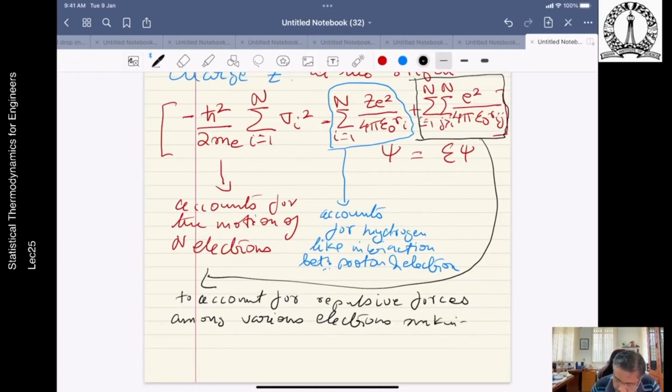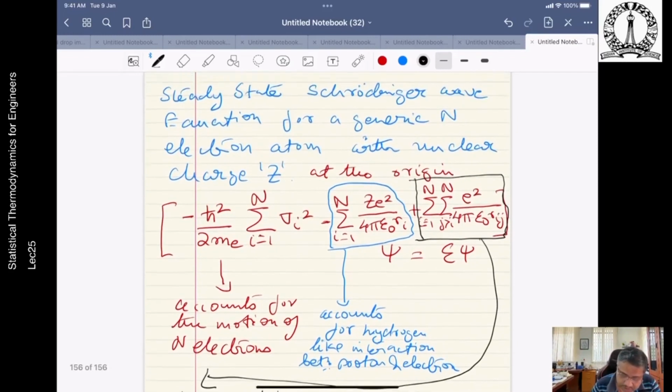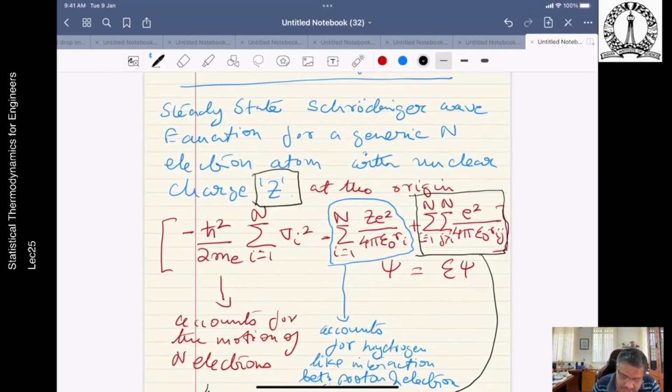So this is the steady state Schrodinger wave equation, which has a charge Z at the center, at the origin.